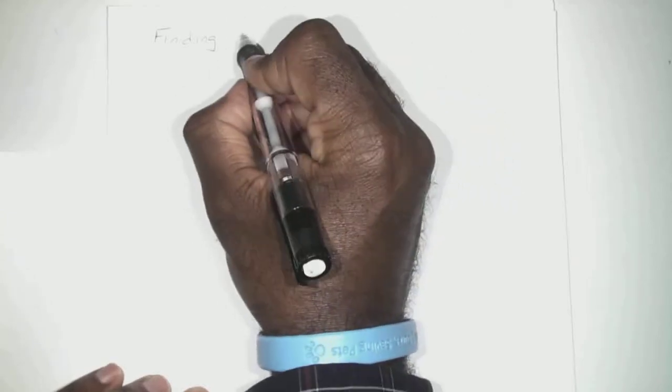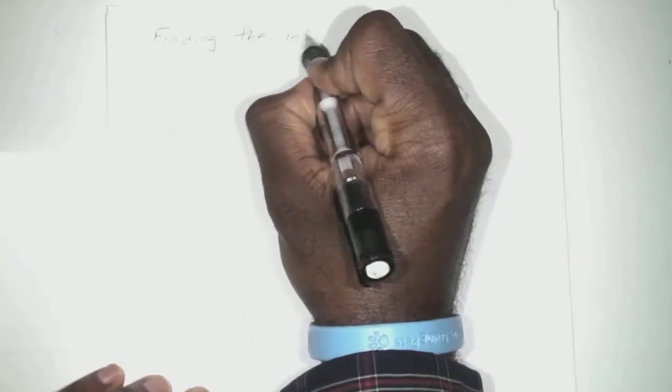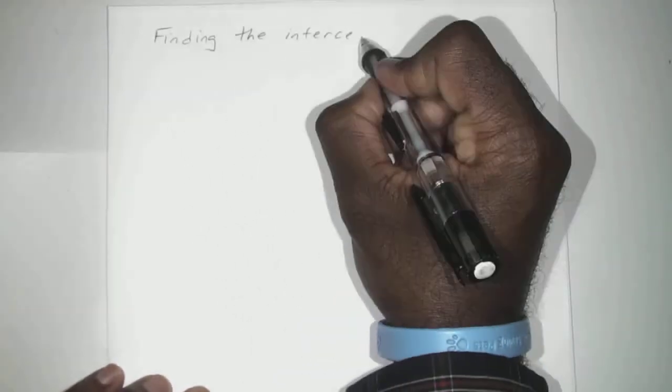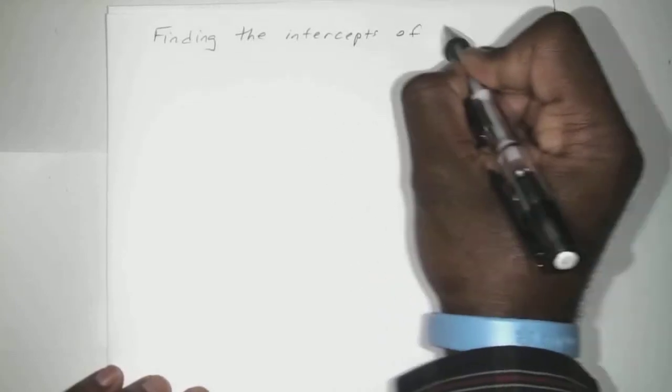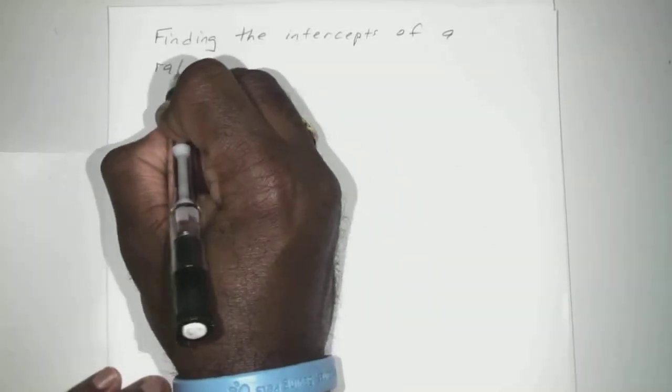Now we're going to find the intercepts of a rational function, to guide us as to what effect they have on our rational functions.